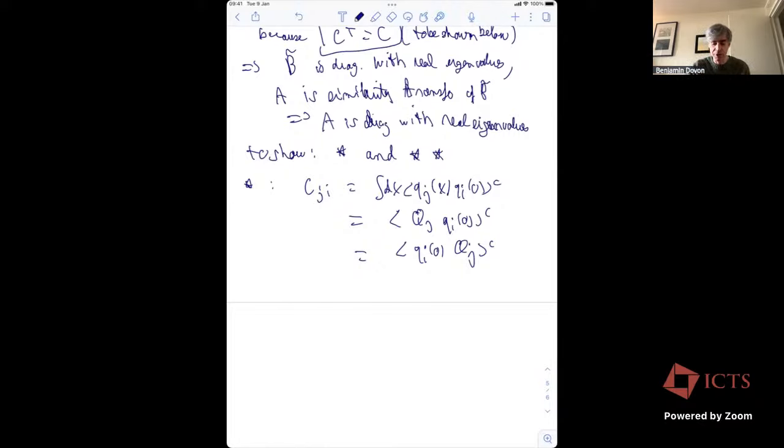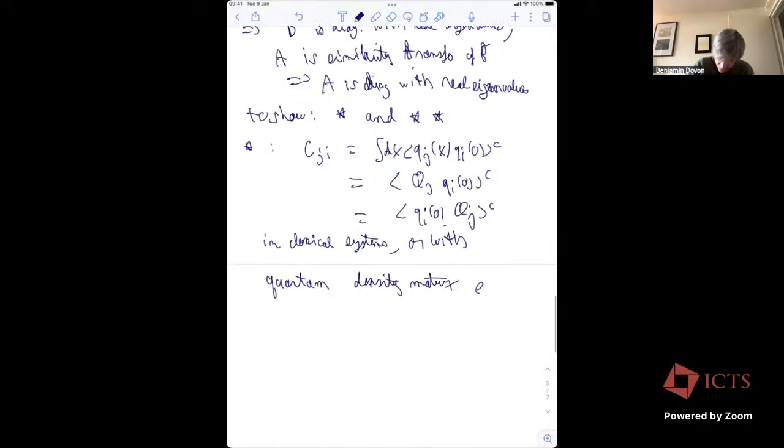Suppose I'm in a classical system, or with a quantum system density matrix which is of the form of a GGE, exponential of minus the sum over i of beta i qi, where all the qi's and the qj's commute with each other for all i and j.